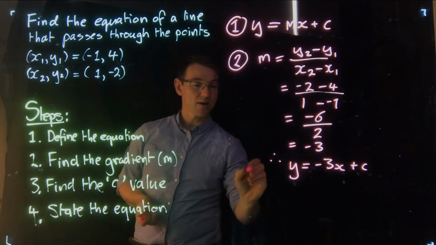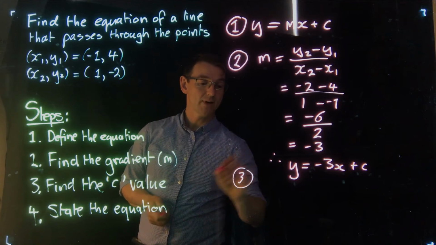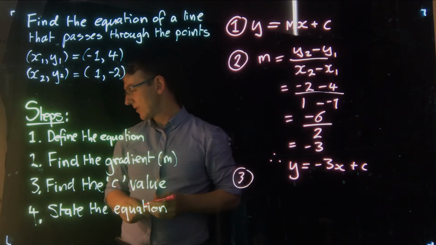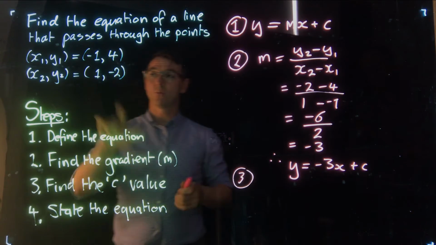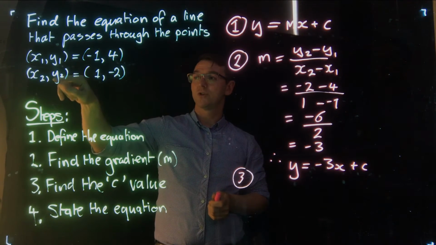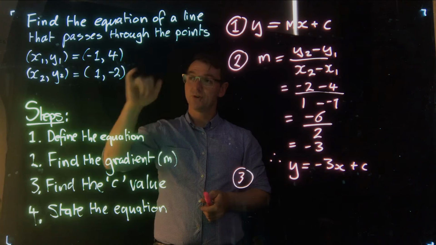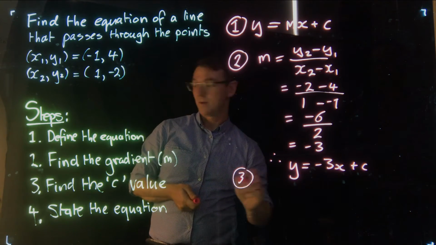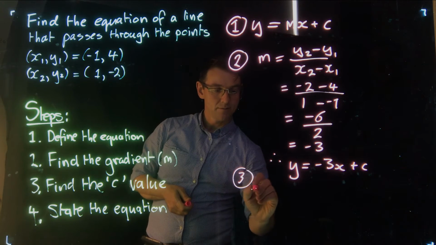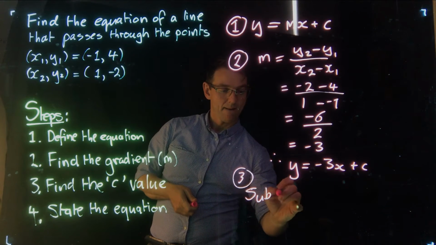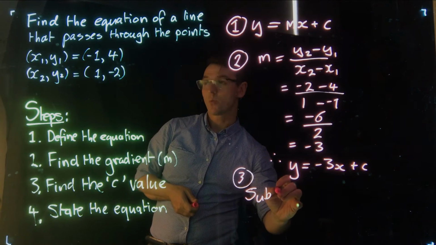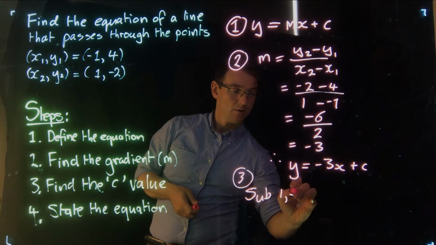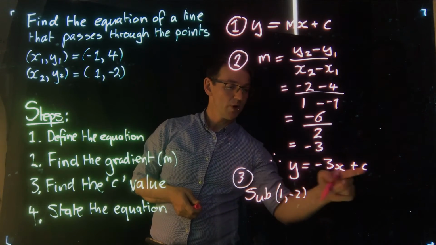So this is going to be our step 3. Okay, so let's have a go at that. We're going to substitute in, we could choose either x1, y1 or x2, y2. We're going to choose the second one just because it's smaller numbers. So let's go with substituting in 1, -2 into this equation above.